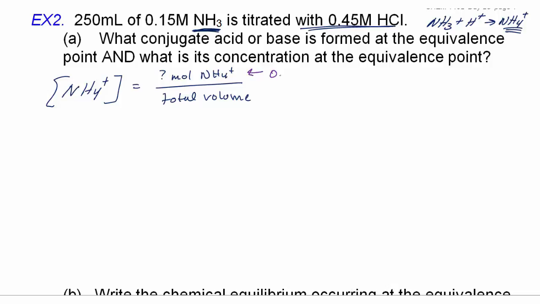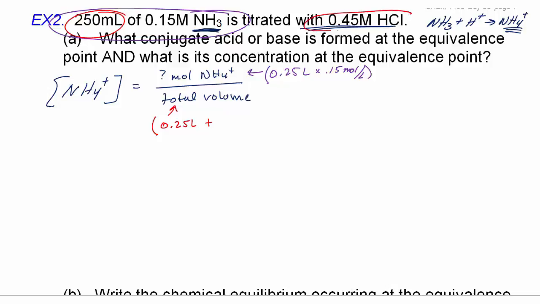So we'd have 0.25 liters times 0.15 moles in a liter. Initially, it's 0.25 liters plus, at the equivalence point, the volume of HCl that we added, right? And make sure it's in liters.